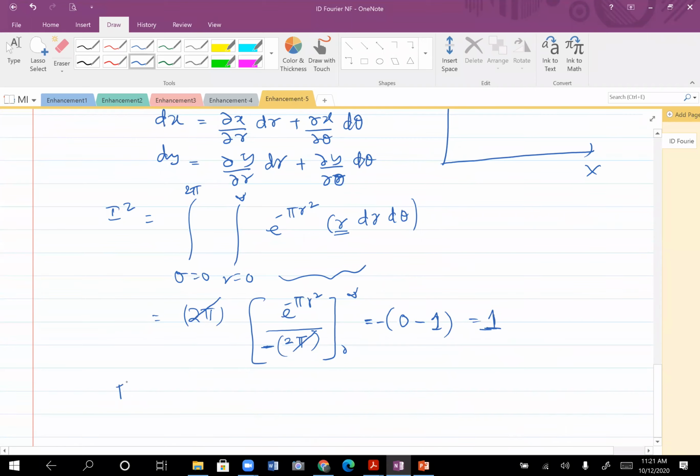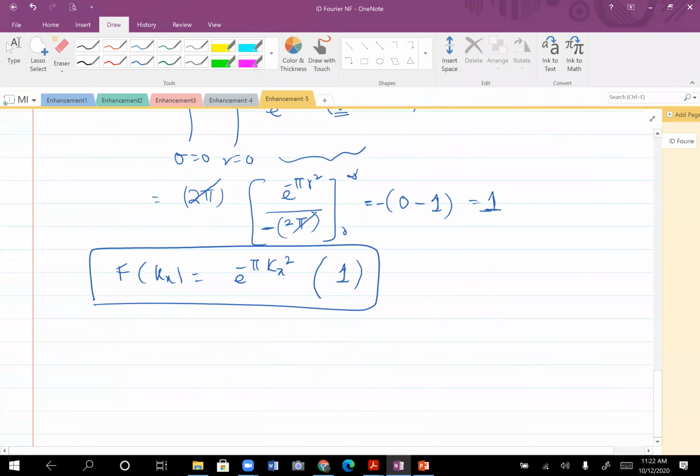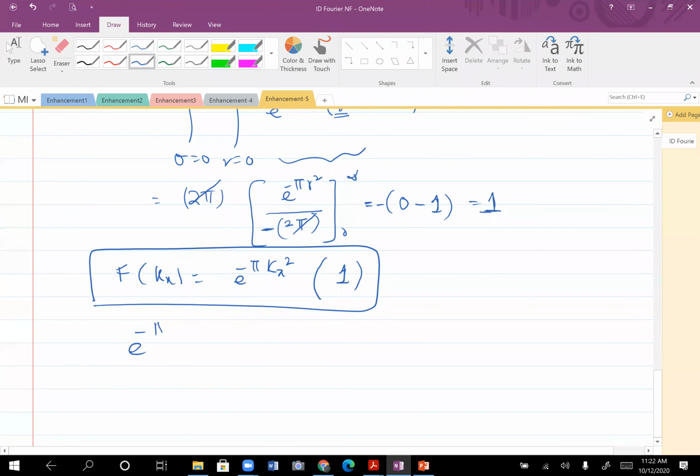Earlier, if you remember, f of kx was e power minus π times kx square, into I was there. So that was now 1. That's why the Fourier transform of e power minus π x square is equal to e power minus π kx square.